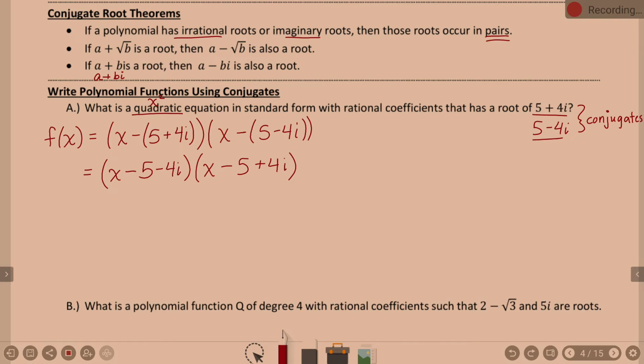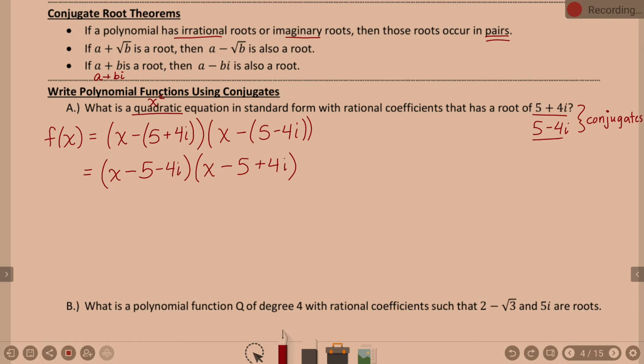It said standard form, so do I get to leave my answer like this? Unfortunately, no. We have to multiply this out. Standard form, it's all multiplied out, and we have our terms ordered from highest to lowest, greatest to least. So, distribute, right? It's a big bad FOIL. It's just instead of doing 2 by 2, it's 3 by 3.